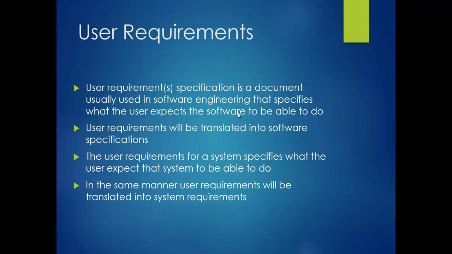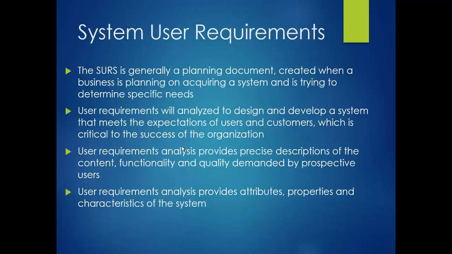And in the same manner, user requirements will be translated into system requirements later on. So whether we are talking about a software or we are talking about a system, it's the same. Now remember that a software is considered as a system.